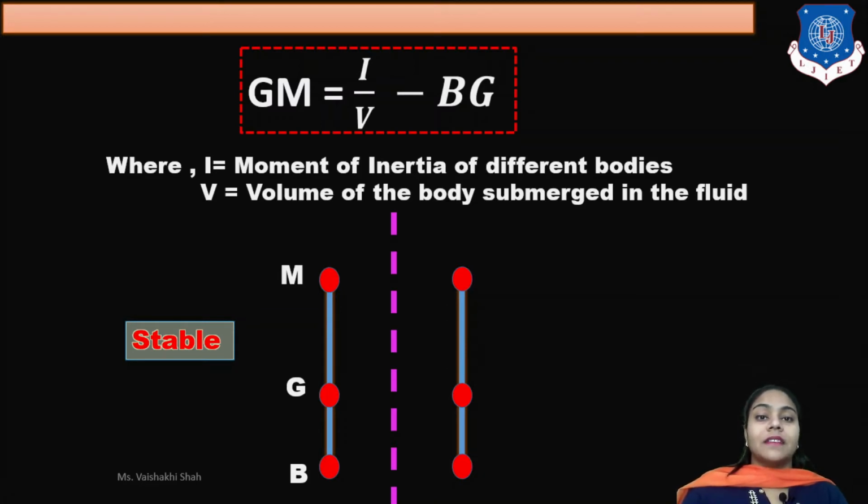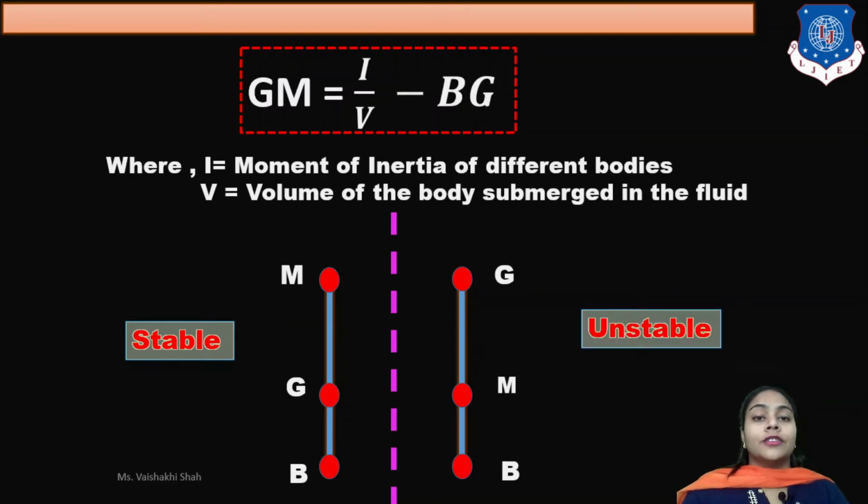If G is above B and M is above G, then the body is in stable equilibrium. For unstable equilibrium, G is above M and above B. So this condition is for unstable equilibrium. So in any example, if M is above G, then it is stable equilibrium. If G is above M, then it is an unstable condition.